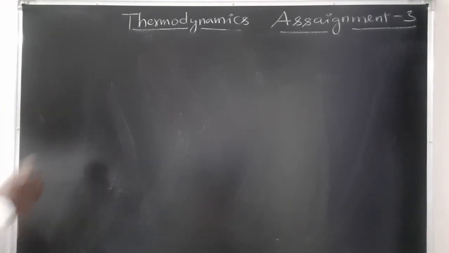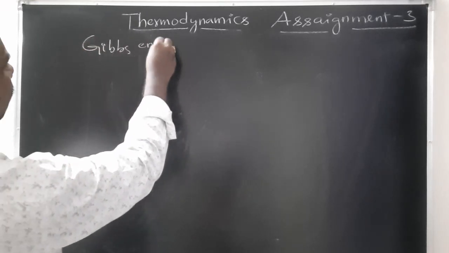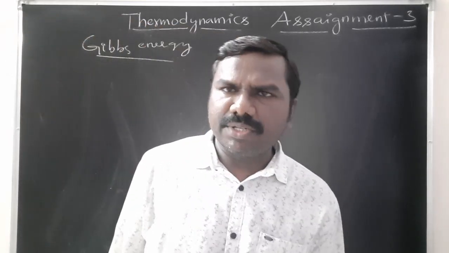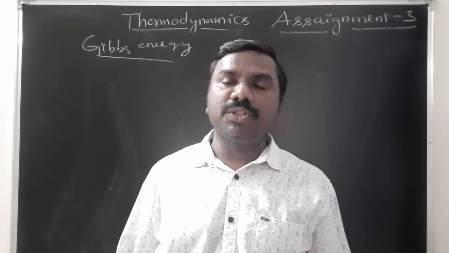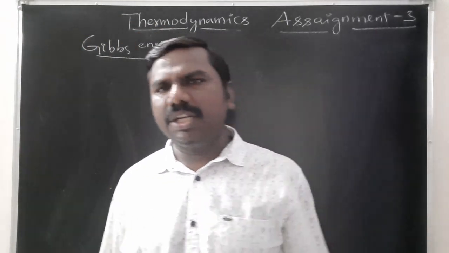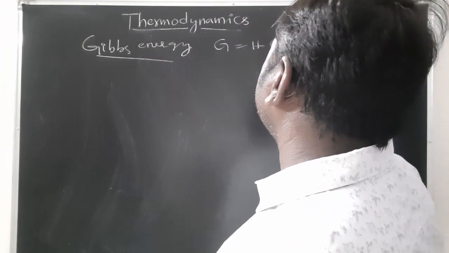Next, Gibbs energy. Very important it is. All the reactions or whatever the component in the universe, that stability should be explained by a physical quantity called Gibbs energy, indicated by G. G is equal to H minus TS.